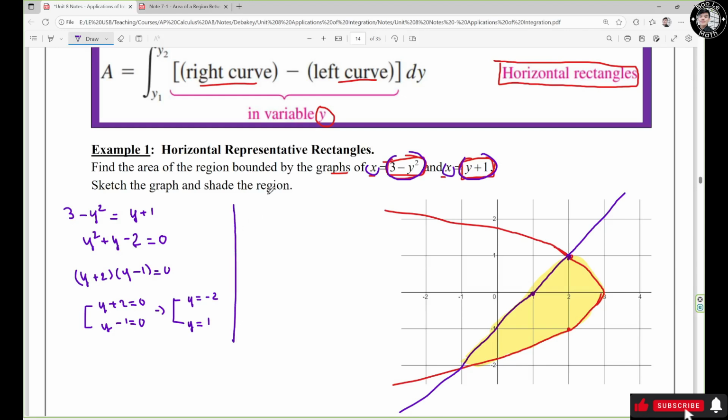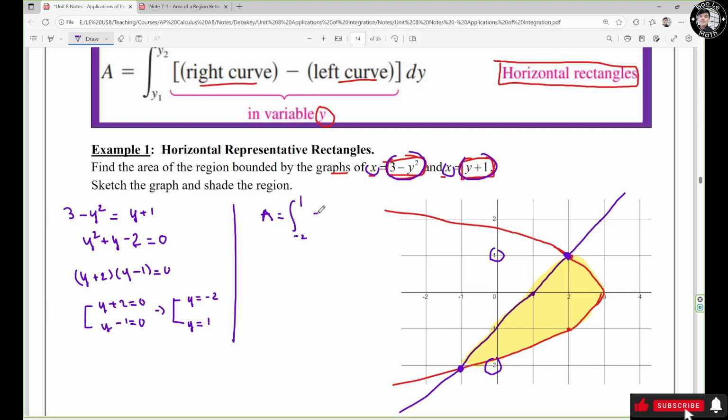So the area becomes the integral from -2 to 1, where this one is y equals -2 and this one is y equals 1. Now, right curve subtract left curve, where the right curve is the one right here.